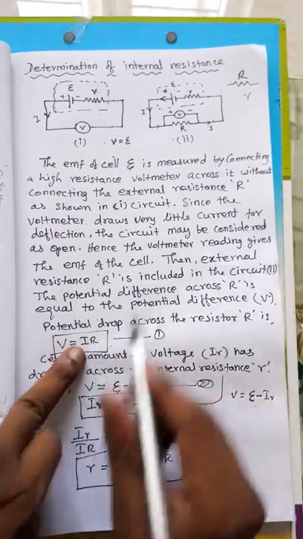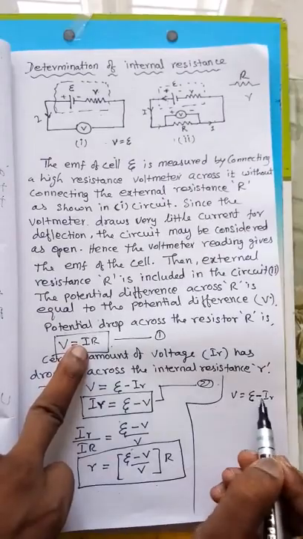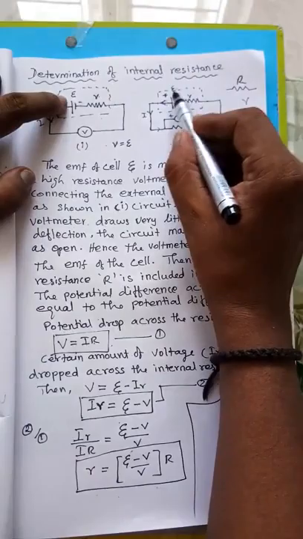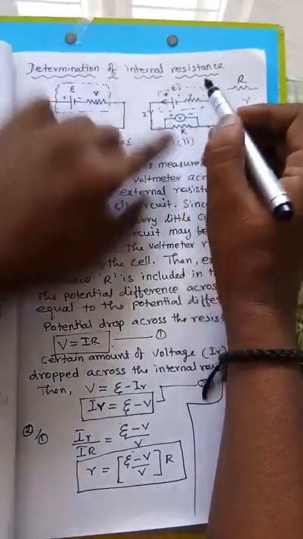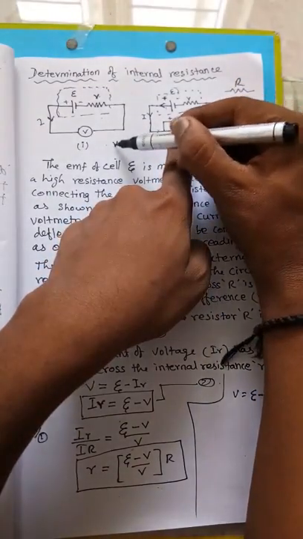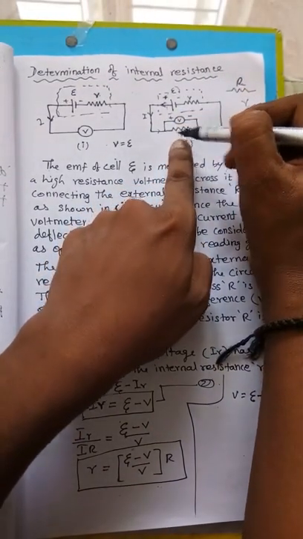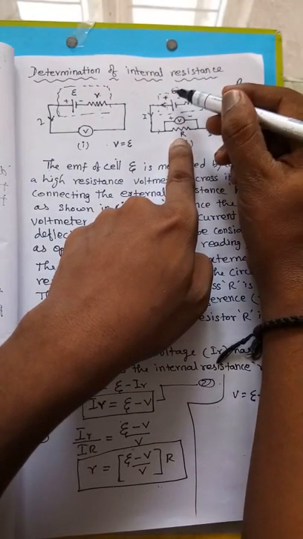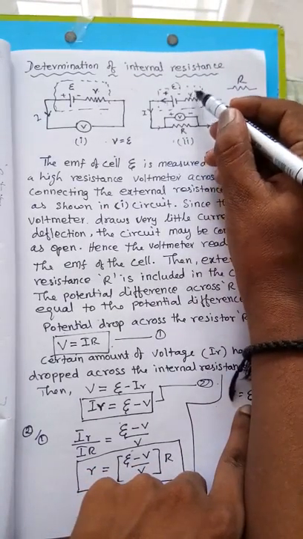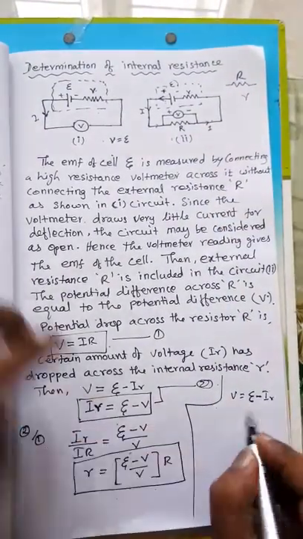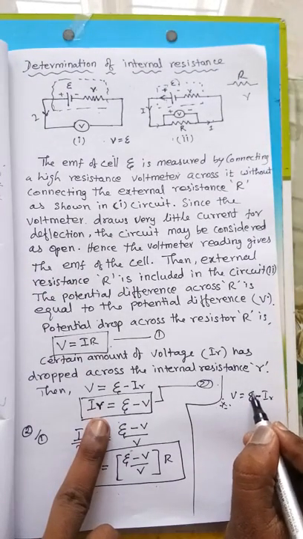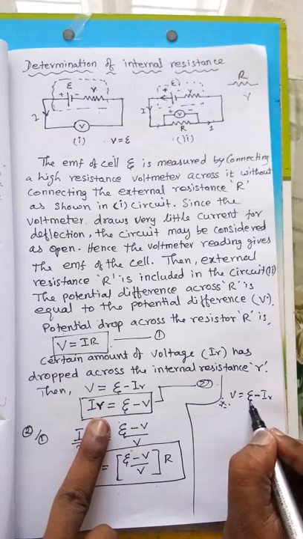Here IR is the external drop and I into small r is the internal drop. Without external resistance, E is equal to V. By using an external resistance, the value minus current into internal resistance will come. This is a very important formula, prepare it directly: V is equal to E minus Ir, where E is the total EMF.